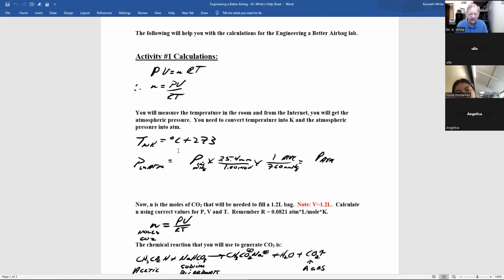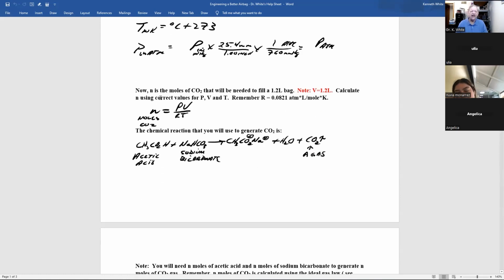Next, pressure has to be in atmospheres. But if you saw the one we had was, what was that, 29.5 inches of mercury or 29, whatever. You'll take that, multiply it by 25.4, then divide by 760, and that will give you your pressure in atmospheres.